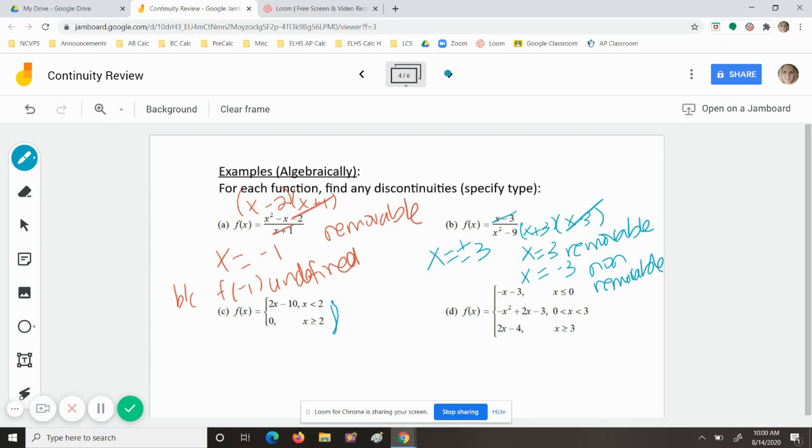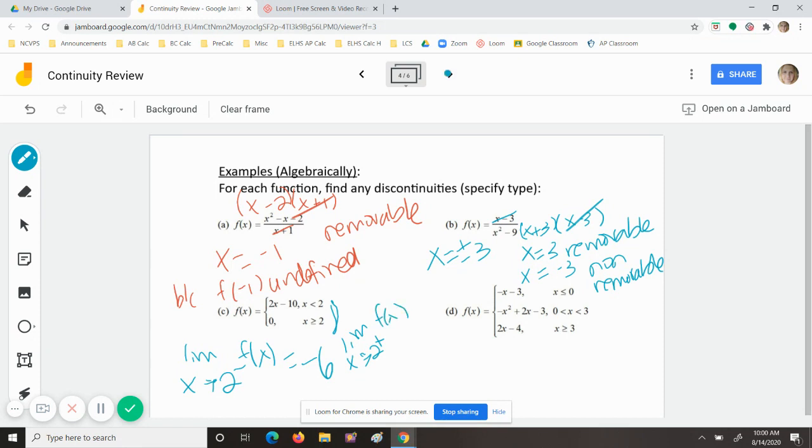What happens at 2? So let's check the limit. We know we have a defined point, f of 2 is going to be 0, but let's take a look at the limits. Limit as x approaches 2 from the left, we would be looking at that top function, because that's when x is less than 2. If we plug in 2, 2 times 2 minus 10, 4 minus 10 gives us -6. Now let's look at the limit as x approaches 2 from the right.